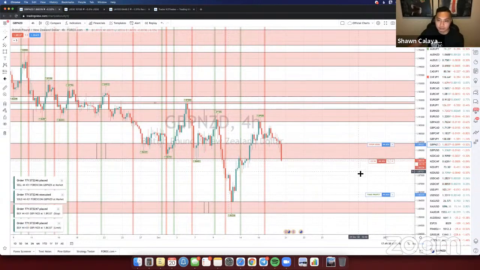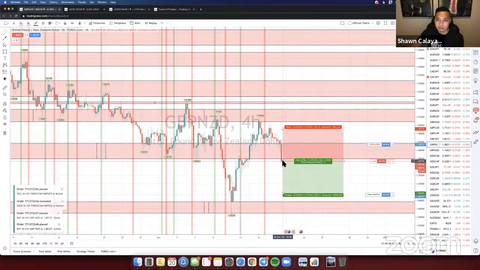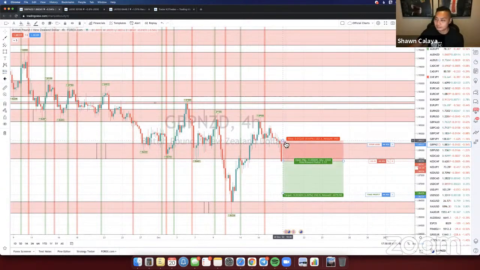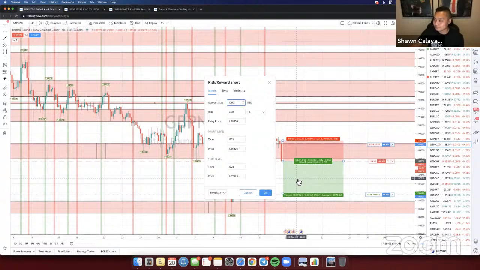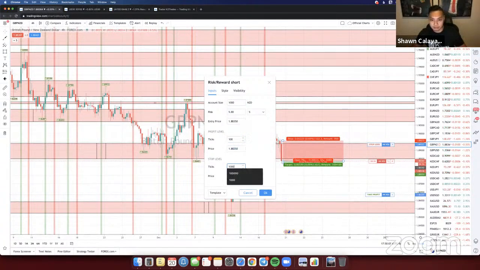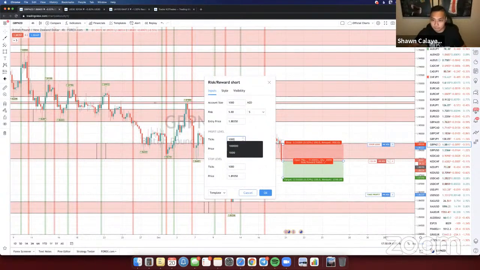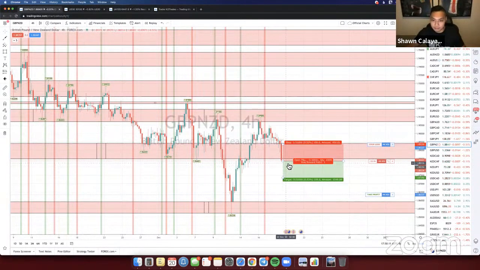Oh, nice. So I was able to fill it with whatever margin I had left. I'm probably going to call this trade for you guys as well. Let me see if I could call it. Oh man. All right, let me see. So this might be a decent trade right here.